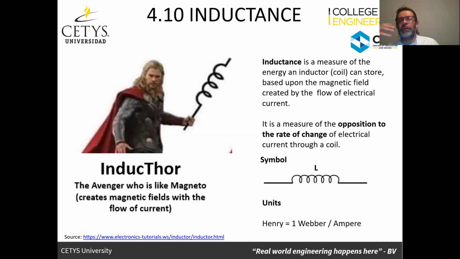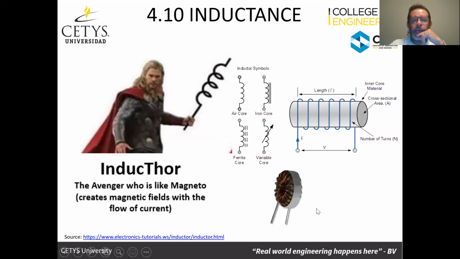So it's like a measure of the magnetic flux per unit of current. These are just some symbols for the inductor. The typical inductor is just this sort of windy coil that we have here.